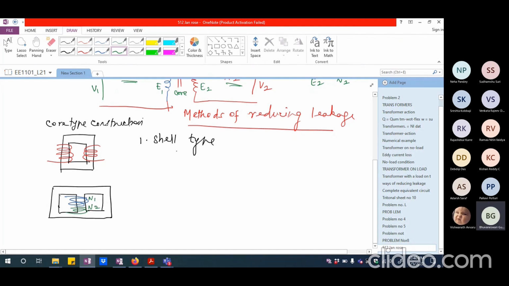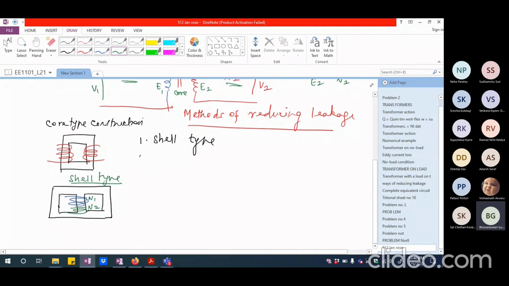So this is shell type construction. So the shell type construction is going to definitely reduce the leakage because the entire winding is surrounded by iron on all the other sides, and that is the reason why it will not go through only the air path, which is actually the leakage path. So the leakage is going to be minimized tremendously when you use shell type construction.